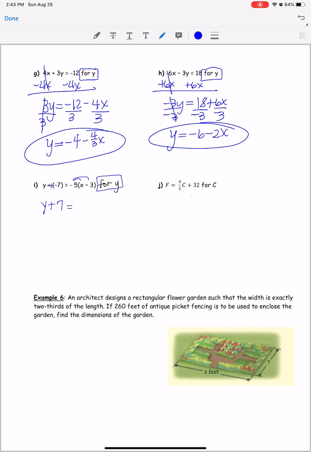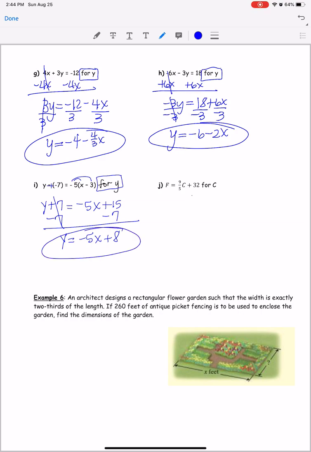So, negative 5 times x is negative 5x. And negative 5 times a negative 3 is a positive 15. Now to get y by itself, I'm going to subtract the 7. So I get y equals negative 5x plus 8.